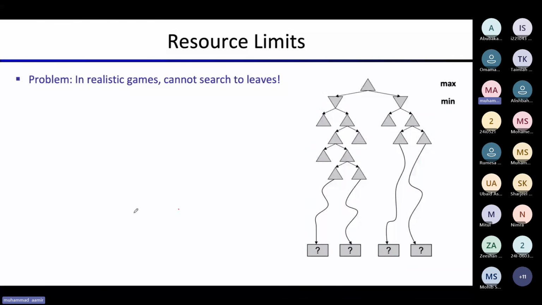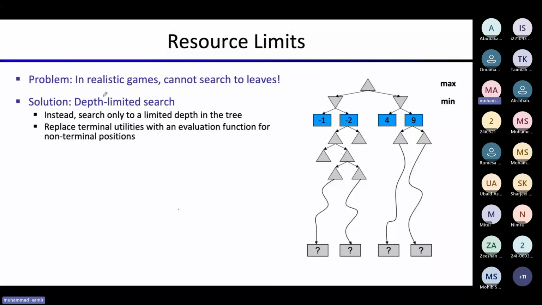So one could be the depth limited search. You can apply some limit on the depth and you can calculate the estimated utility scores. Of course, these are not the actual utility scores. These are the estimated utility scores. The better your estimated utility function is, the better estimated values you will get and the better your chances of winning.